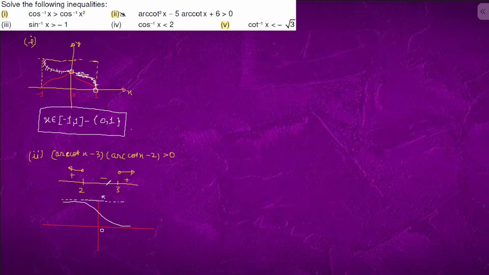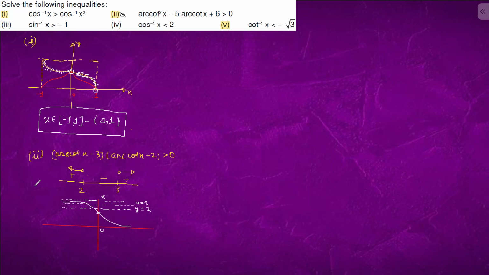Now we have one line y equals 2, and one line y equals 3.